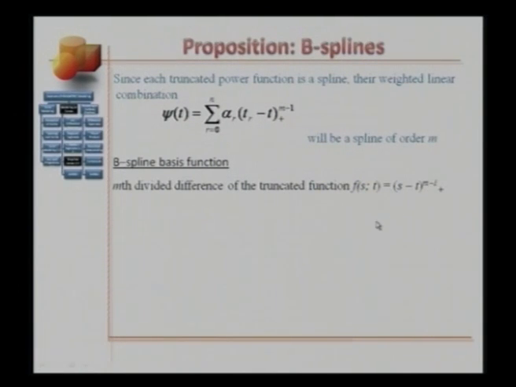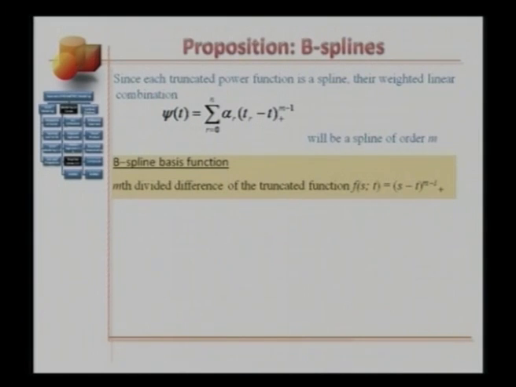The trick here is to hold t as constant and compute the divided differences with respect to s, and introduce knots accordingly. And it was this way of computing B-spline basis functions that we thought would be worthwhile exploring.